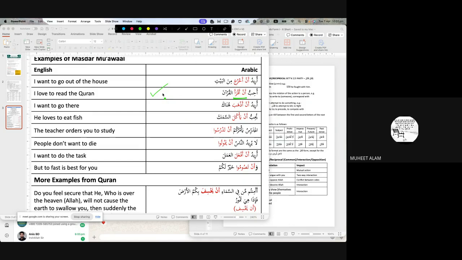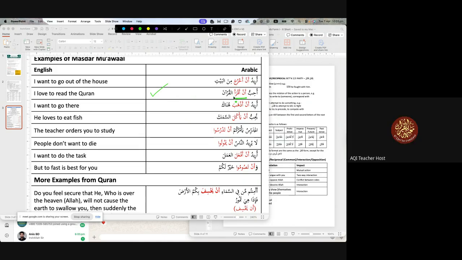The root is qaf, ra, hamza. The madi is qara'a and the mudari is yaqra'u. Then for ana mutakallim, it is the fi'l mudari, siga number 13: akra'u, nakra'u.